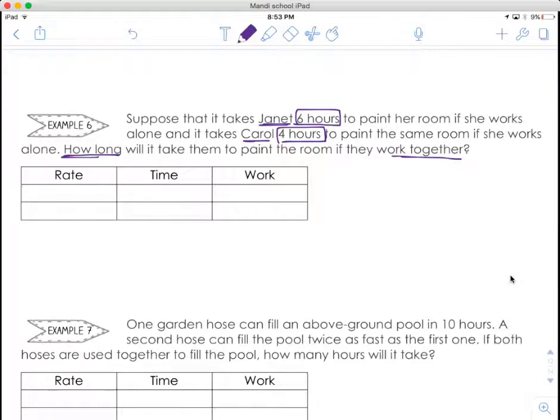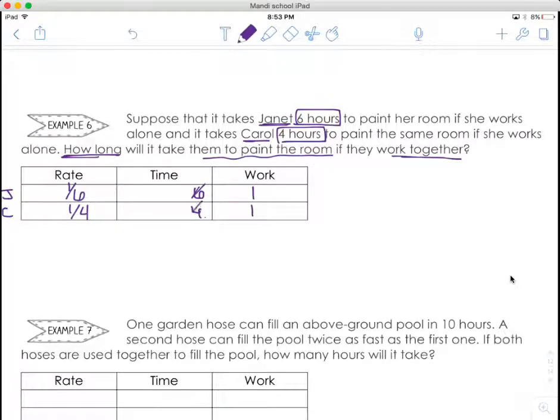They're going to paint the same room. So we're going to call this Janet. We're going to call this Carol. Janet takes 6 hours to do one room, so her rate is 1 out of 6. 1 room in 6 hours. Carol takes 4 hours to paint one room, so she can do one room in 4 hours.